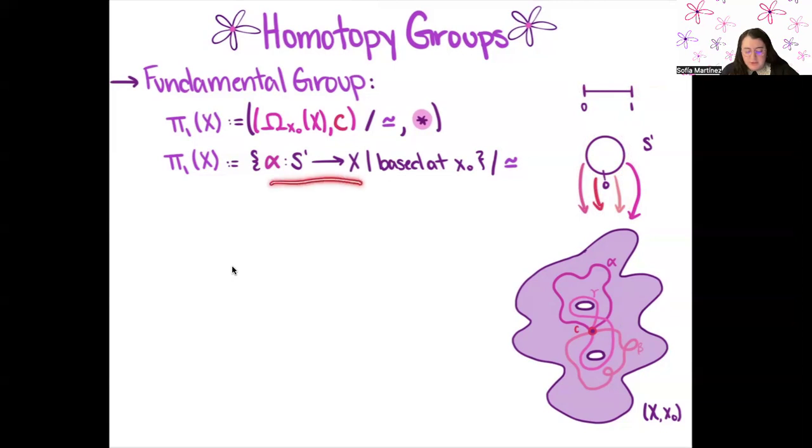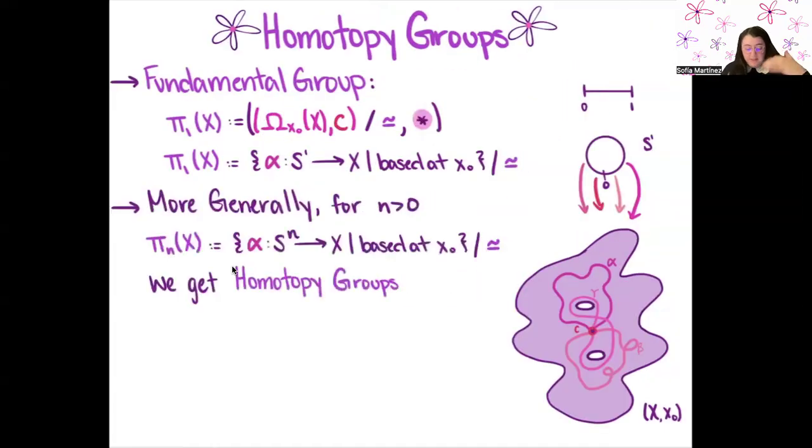Think of functions from your circle to your space based at that base point, and then associate things that are homotopic, that admit this sort of continuous deformation. That'll define a group for you, with the same product as before. And this is exactly where you see the 1 being represented. So you look at maps from the one-dimensional sphere, which is just the circle, to your space.